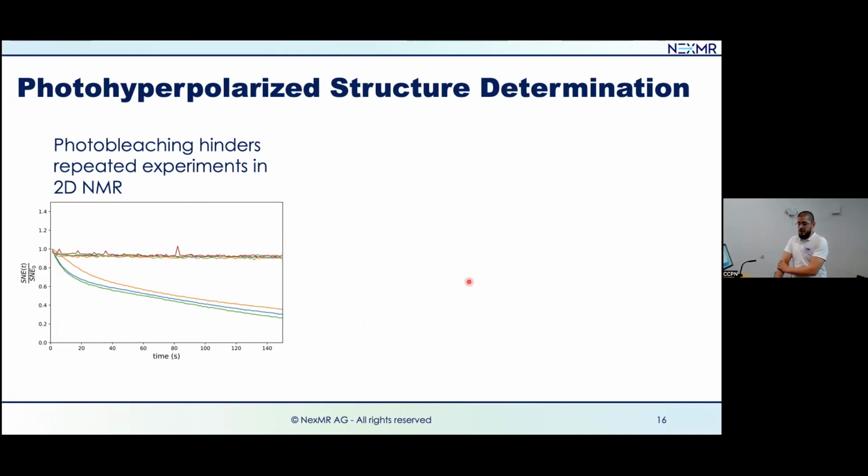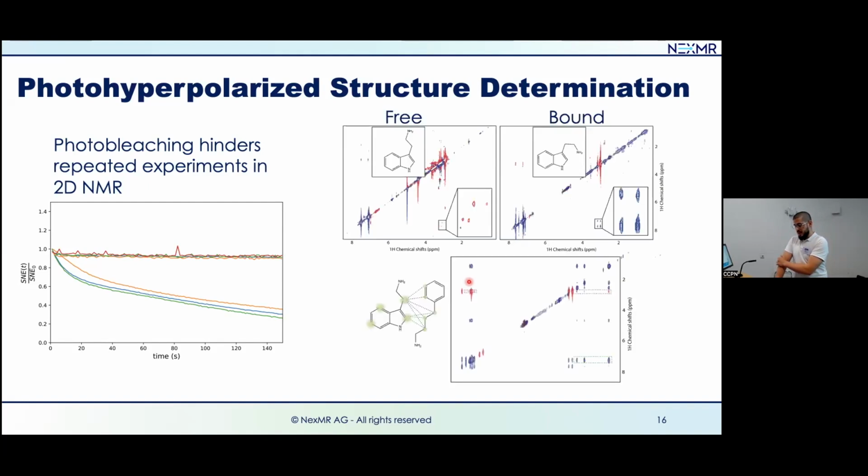But recently, we figured out that we could add some adjuvants that considerably reduce the photobleaching. So we expanded that to up to about 200 seconds. This is at the price of a little bit less signal-to-noise enhancement, but we are now able to measure 2D NMR without this bleaching problem.